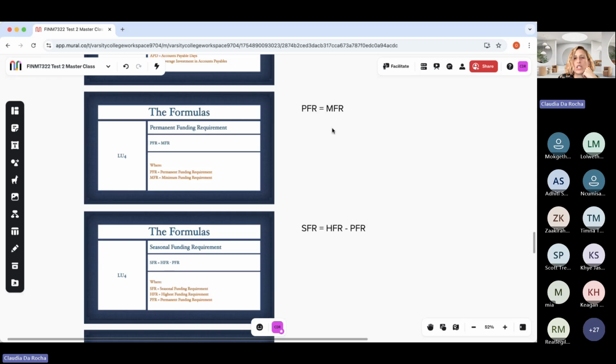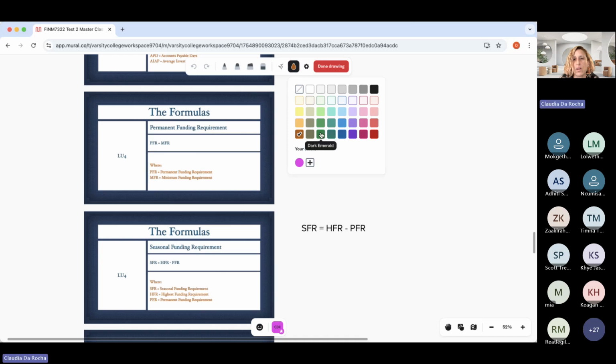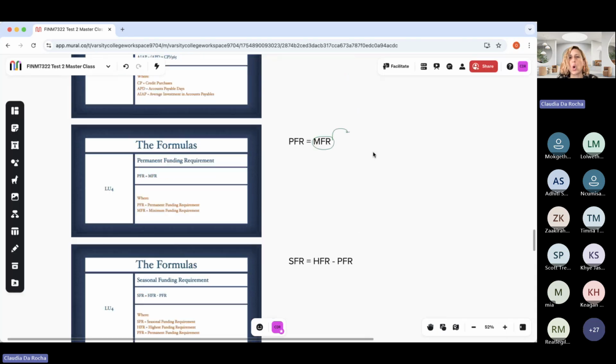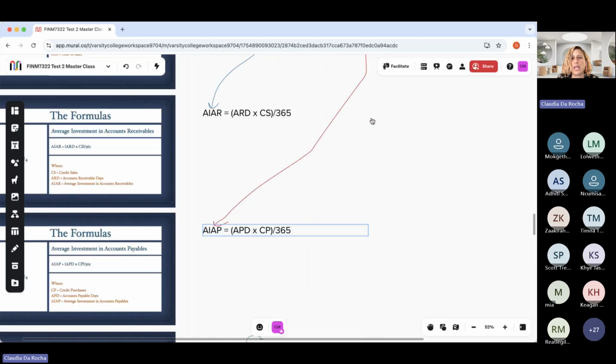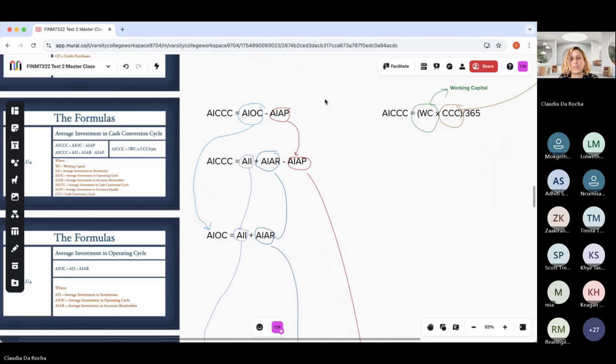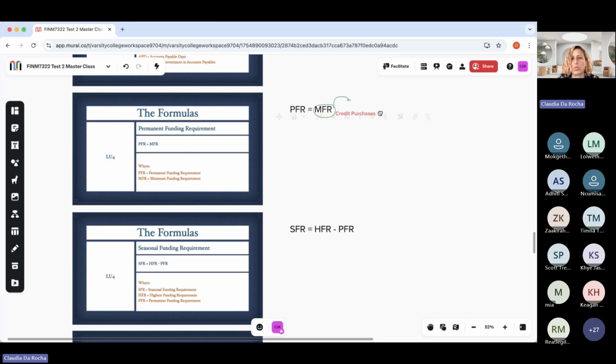Permanent funding requirement is your minimum funding requirement. So when we say minimum funding requirement, we are talking about the lowest amount. If we are getting funding each month for 12 months, we'll take the lowest out of all of those. It's very important that you know this.